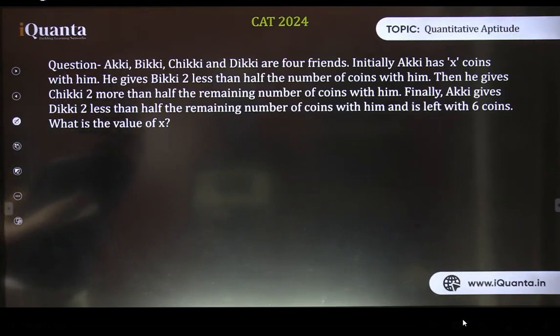It will become easier for you. Yes, it will be very complex with variable equations, Nakshatra, and Akshay is also asking the similar thing. So if you want to complicate it, it's okay.